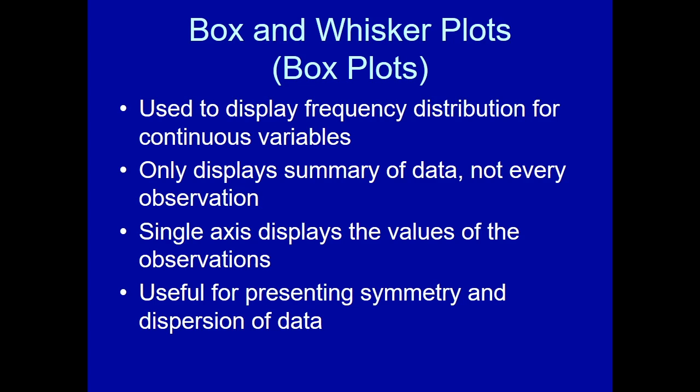Box and whisker plots, or box plots, are used to display frequency distributions for continuous variables. They display a summary of data, not every observation like the stem and leaf display. It's one axis that displays the values and observations, so it's useful for showing symmetry and dispersion of data.